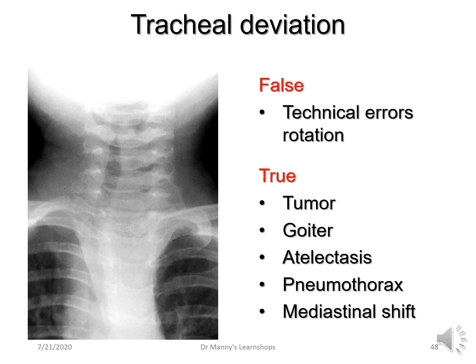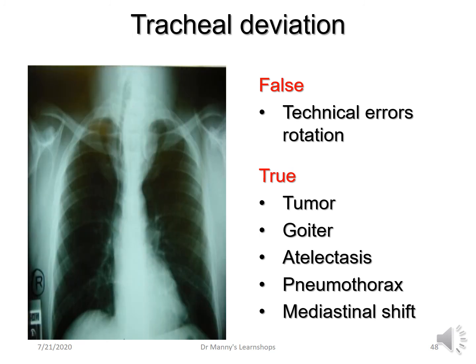It's a technical error. Or it can actually be true because there's a tumour located, for example, near the thyroid. It could be pushed out of position due to a goiter. It could be pushed out of position because of atelectasis, pneumothorax, or a mediastinal shift. Tracheal deviation. It's not midline. It's not straight.